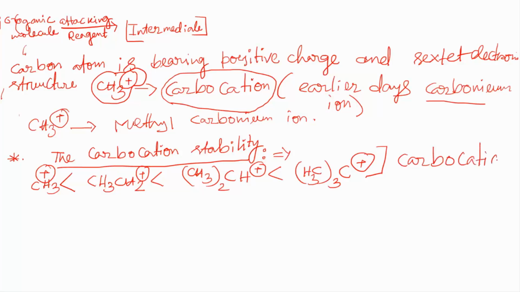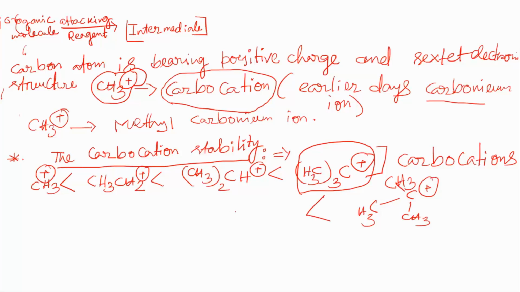Among all of them, this is the one, (CH3)3C plus. You can also write it this way: CH3, CH3, CH3 on the carbon. So this has the highest priority. Then the second one has two CH3 groups, so this is the second priority.